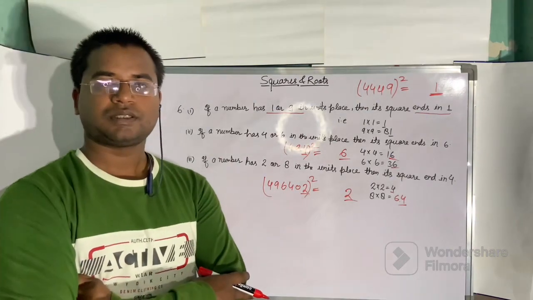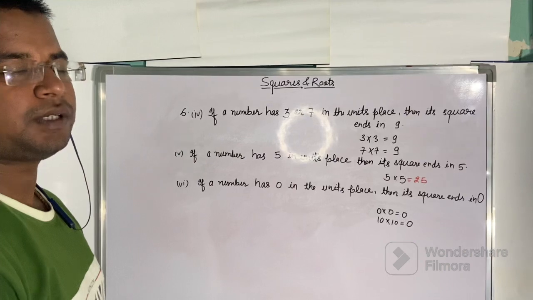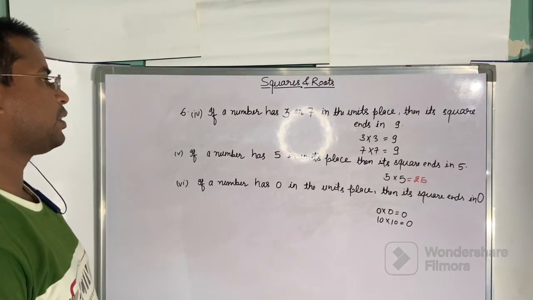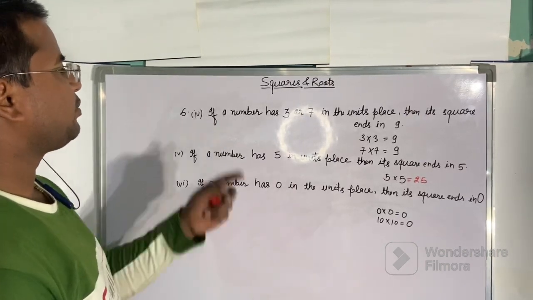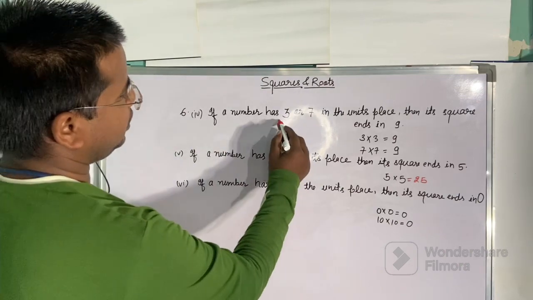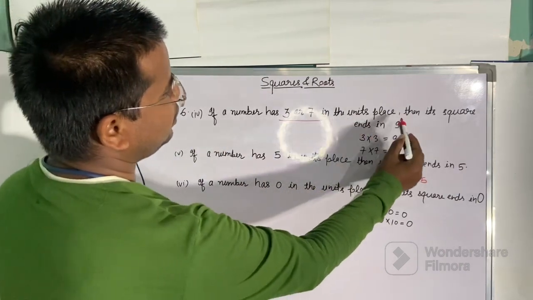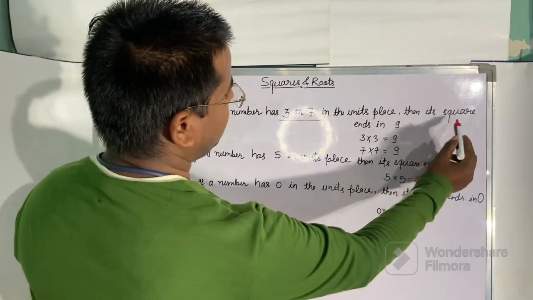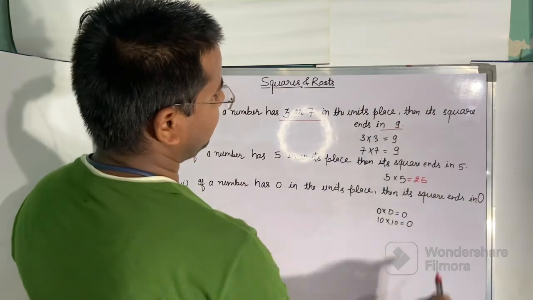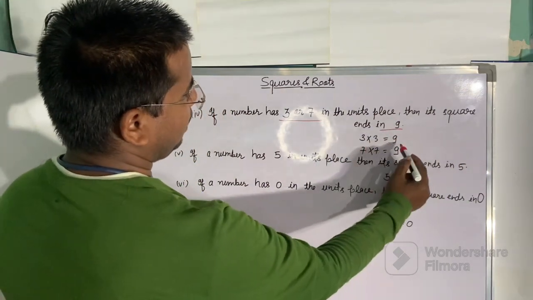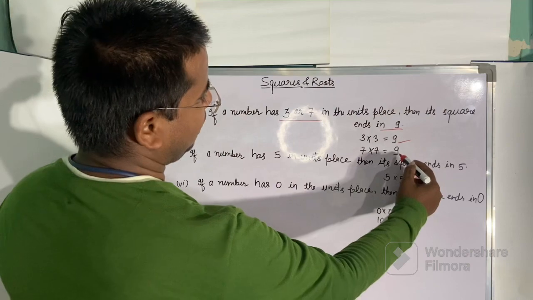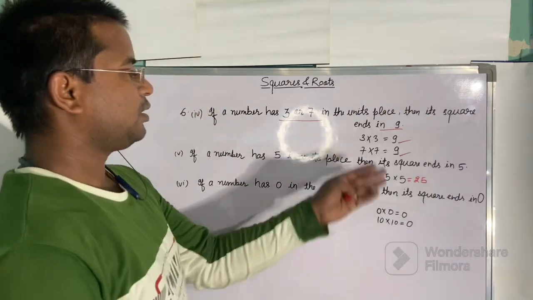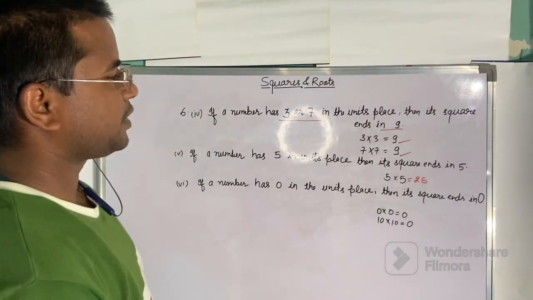Okay, these are some other concepts of squares. Here, if a number has 3 or 7 in its units place, then its square ends in 9, because 3 multiplied by 3 is 9, and 7 multiplied by 7 is 49. All unit digits are 9.